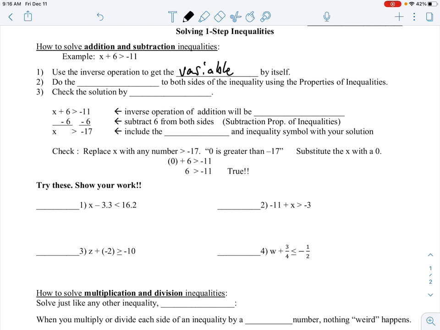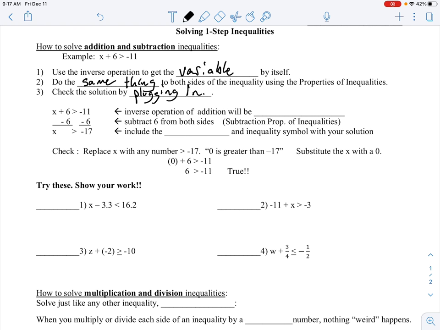Just like equations, we do the same thing to both sides of the inequality using the properties of inequalities, and we want to check the solution by plugging in and checking.